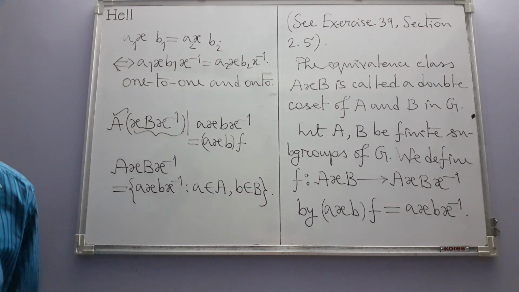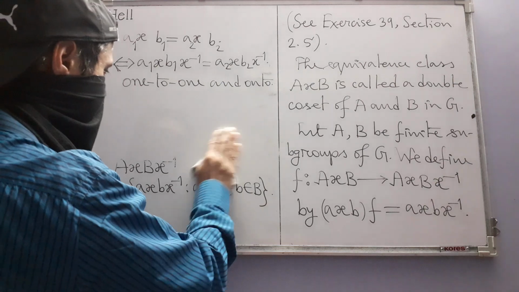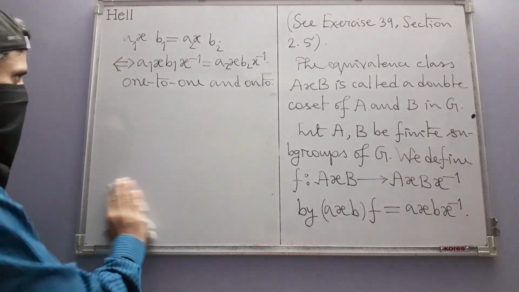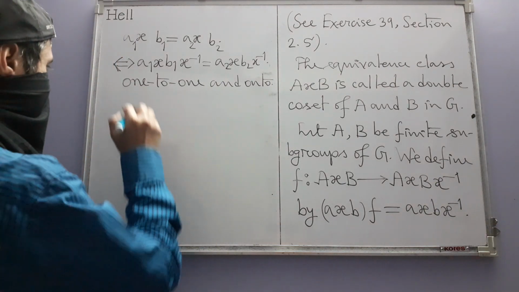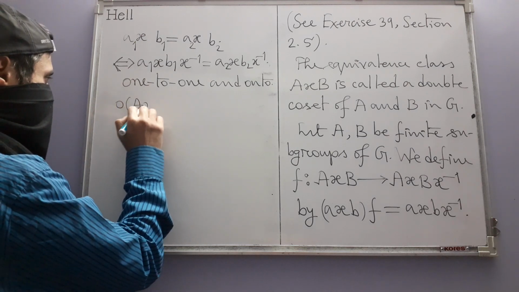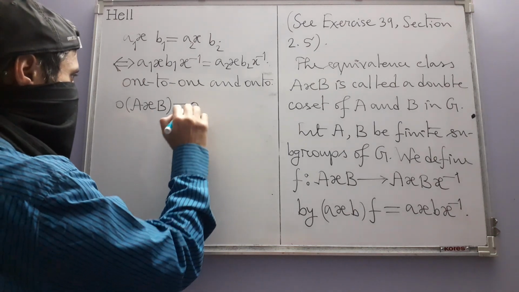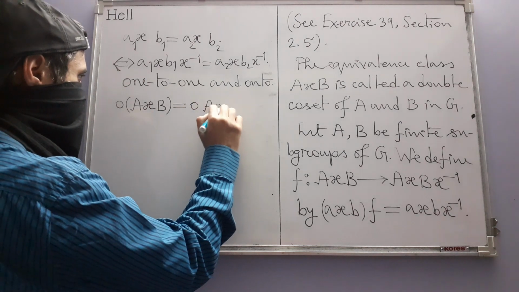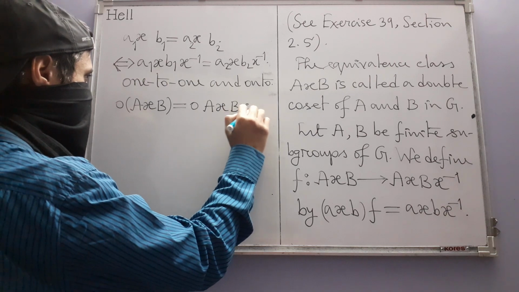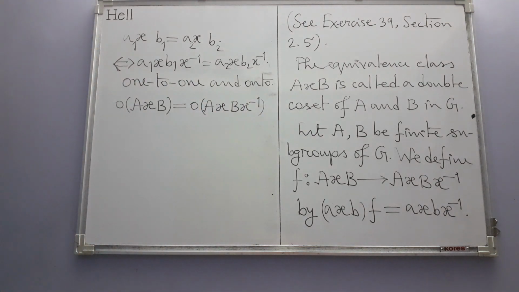That is the conclusion from this discussion. So this gives us the fact that the number of elements of AxB is equal to the number of elements of this other set.